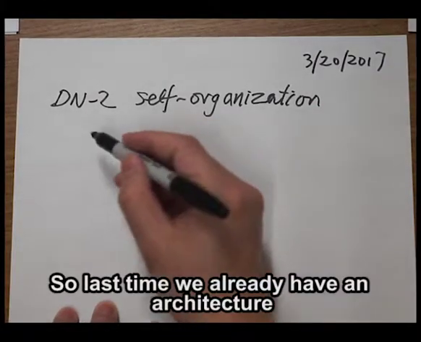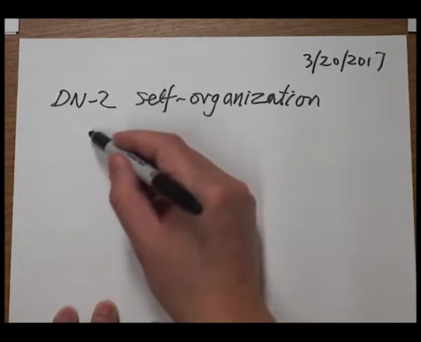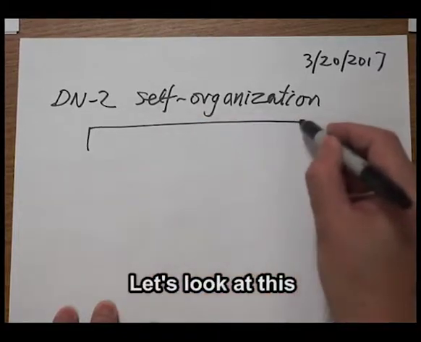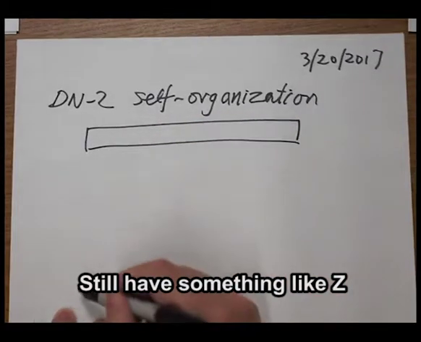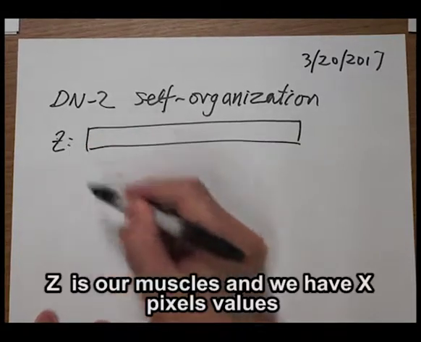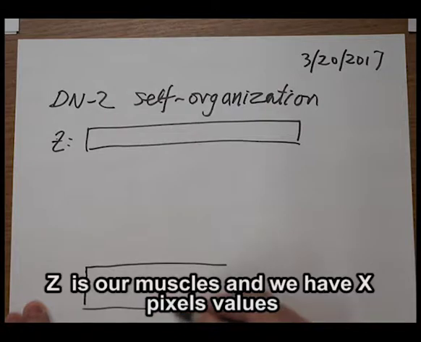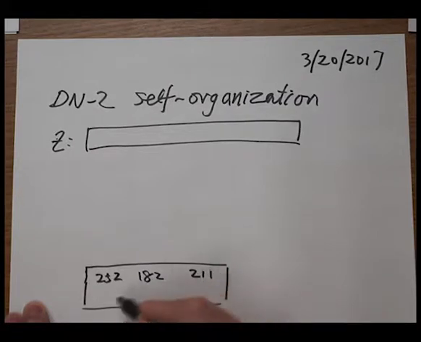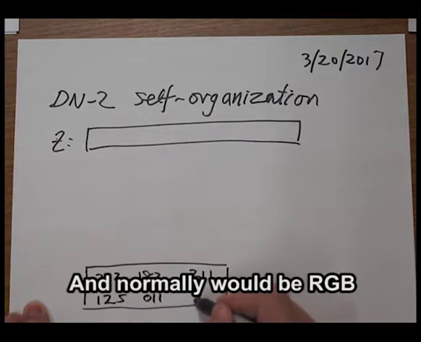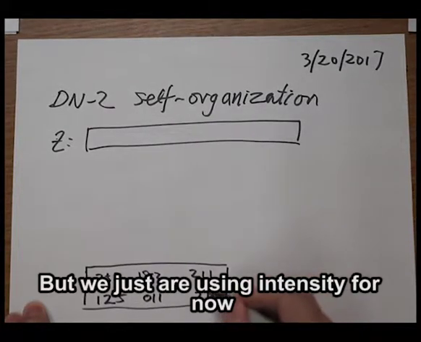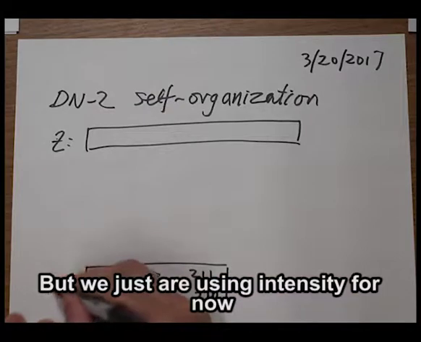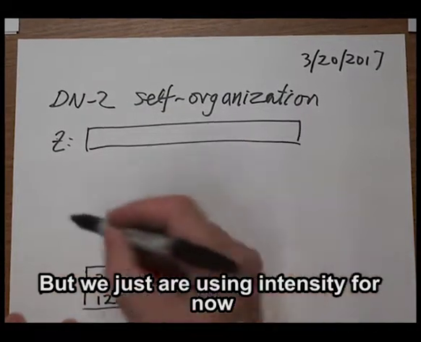So last time we already had an architecture. Let's look at this. We still have something like Z. Z is our muscles, and we have X, the pixel values, which would normally be RGB, but we just use intensity for now.